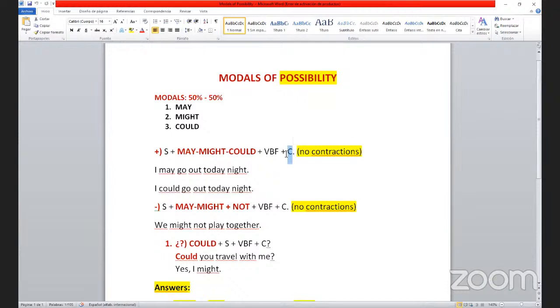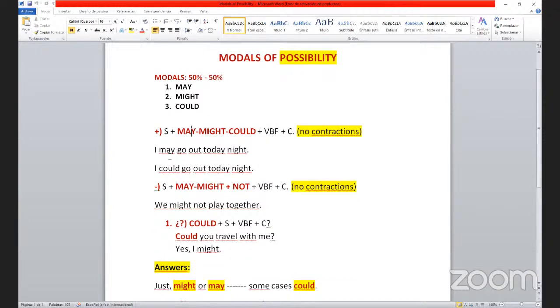The most important thing is that we don't have contractions with these. For example, I may, might, or could, we don't have any contraction. Now the examples. I may go out tonight, so may plus the verb in base form, go out tonight.